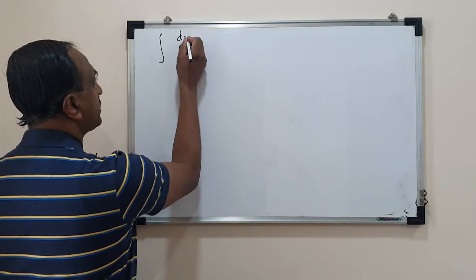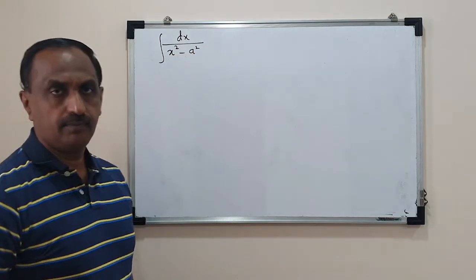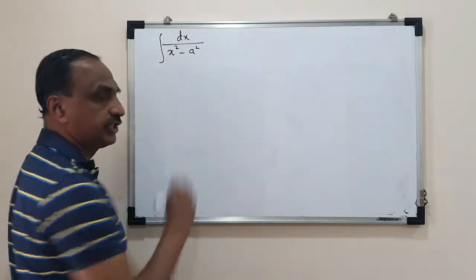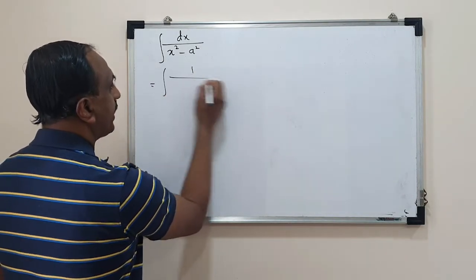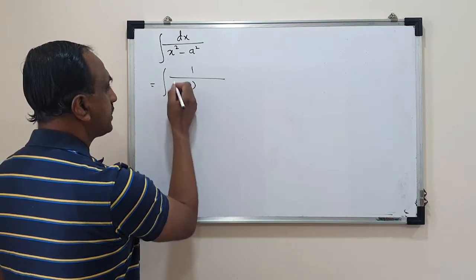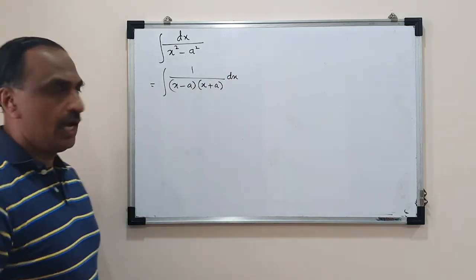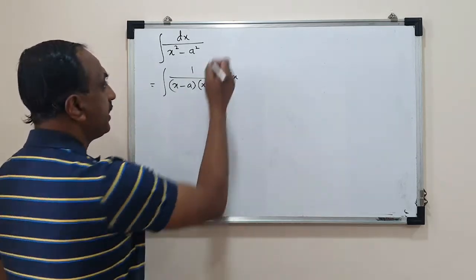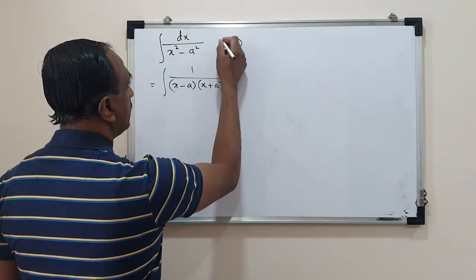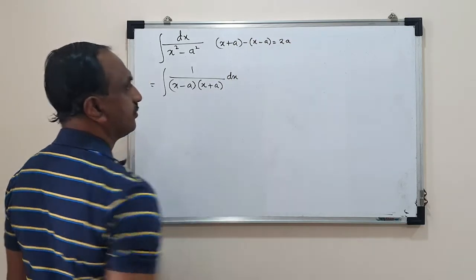Integral dx upon x square minus a square. What we do is, here there is no substitution, just simple factorization. You factorize the denominator as x minus a into x plus a. And what you notice is their difference, x plus a minus x minus a, is a constant.